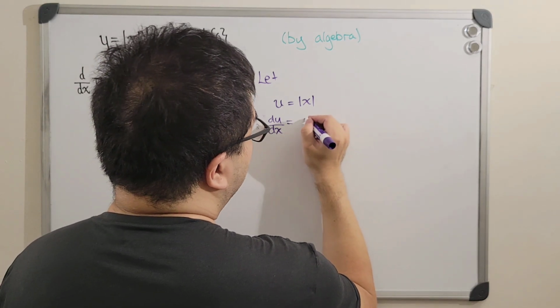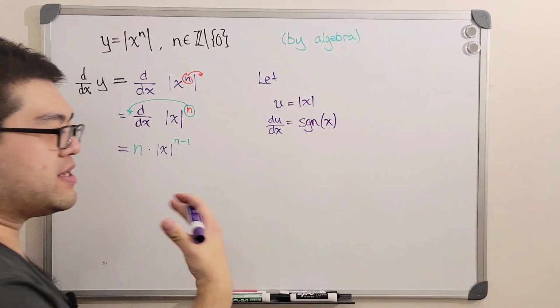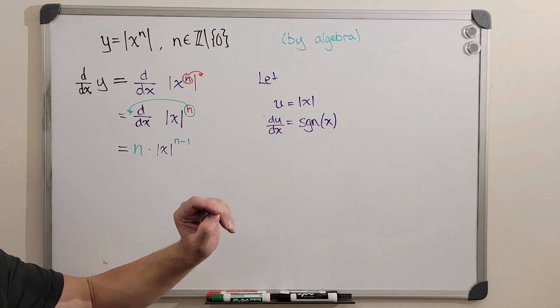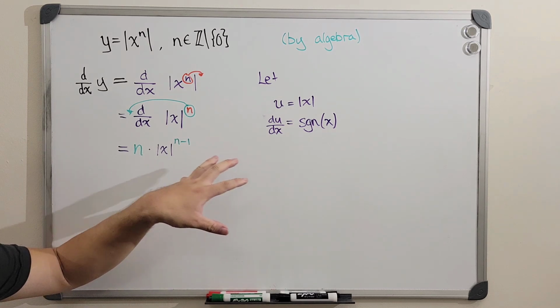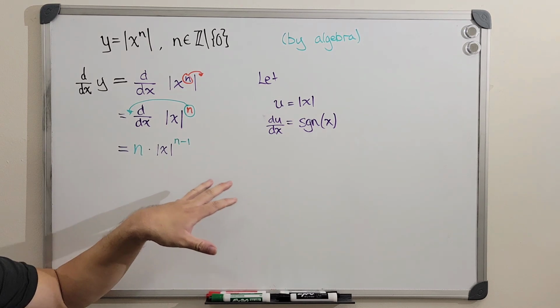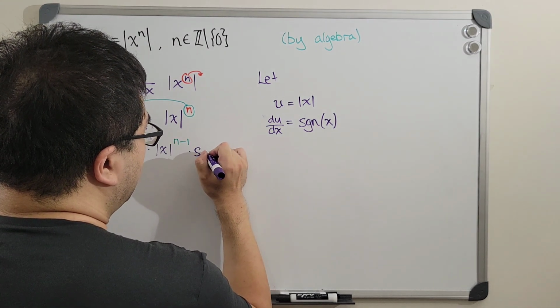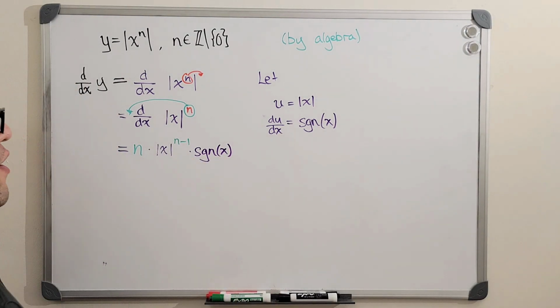So in other words, we just get the sign of the x value as long as x is not equal to 0. And again, here we'll ignore the case when x is equal to 0 for a moment. Then here we'll get the sign of x.